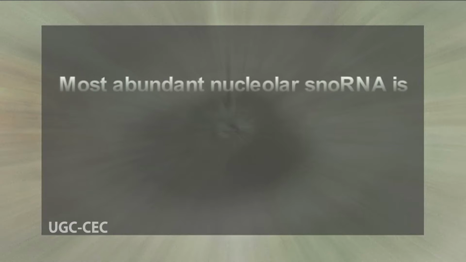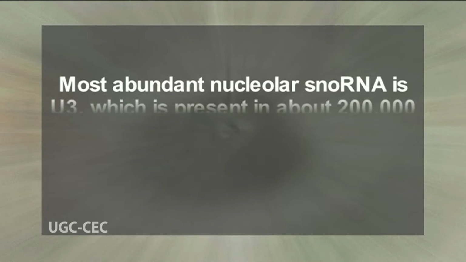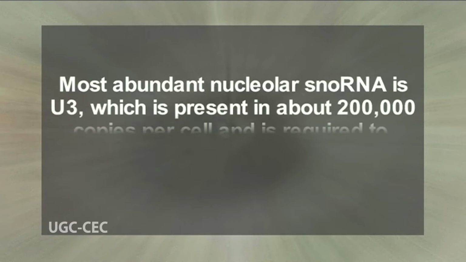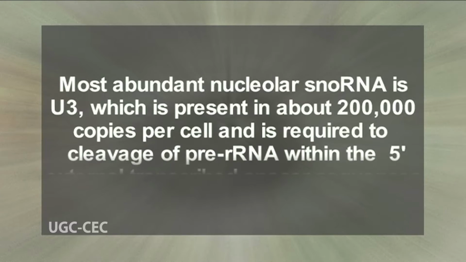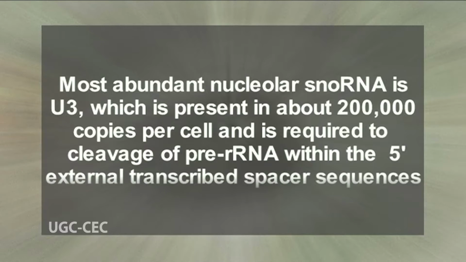For example, the most abundant nucleolar snoRNA is U3, which is present in about 200,000 copies per cell and is required for cleavage of pre-rRNA within the 5' external transcribed spacer sequences.